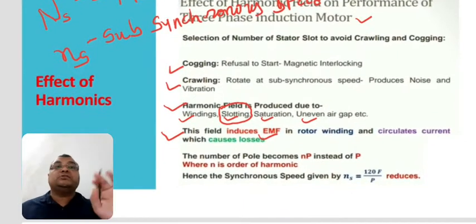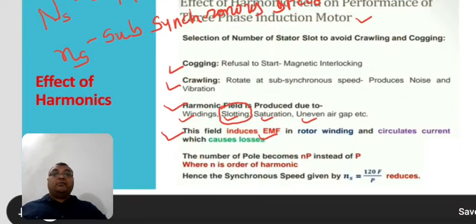Okay, if we remember, the rotor of an induction motor is generally short circuited. If it is short circuited, it means it has a closed path of current flow. Here you can remember the principle of a generator: if we provide a closed path, current is circulated in it.